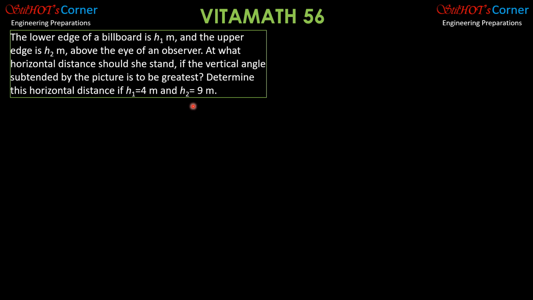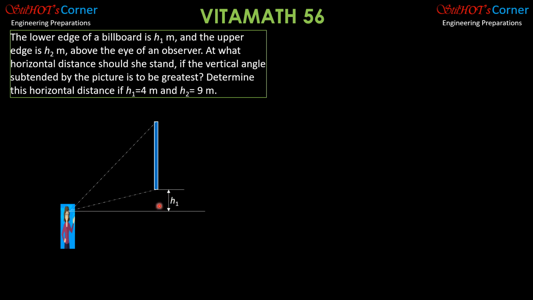To help analyze the problem, let's have the figure so that we can set up the equation for the angle subtended by this billboard from the eye of the observer, and let's maximize it. From the eye level of the observer to the lower edge of the billboard, that is denoted by h sub 1. From the eye level or horizon of the observer to the top edge of the billboard, that's called h sub 2.